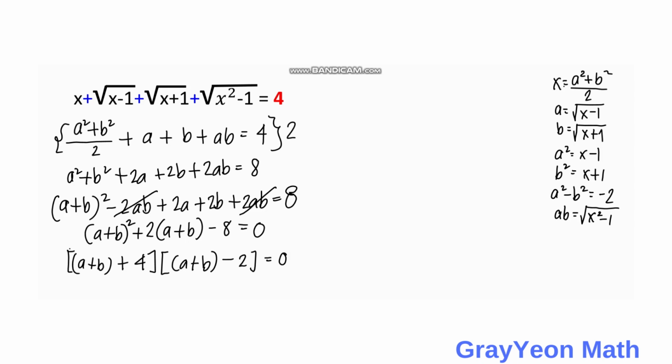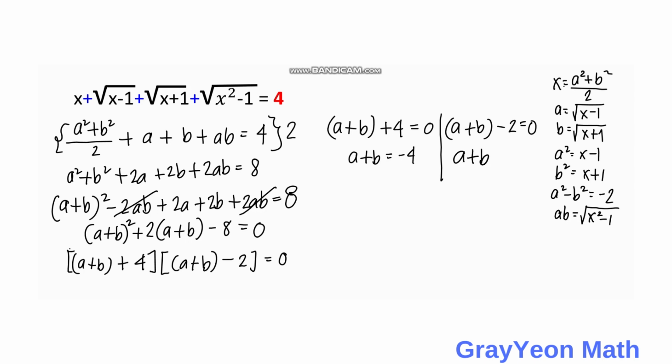And we can say that a plus b plus 4 is equal to 0. And on the other hand, a plus b minus 2 equal to 0 also. So the resulting solution for this quadratic equation is that a plus b is equal to negative 4 and a plus b is equal to 2.